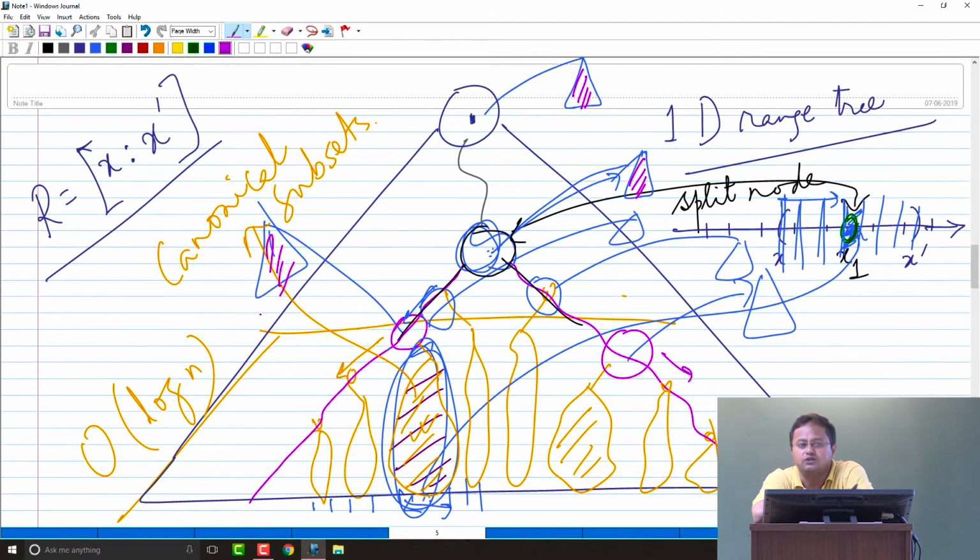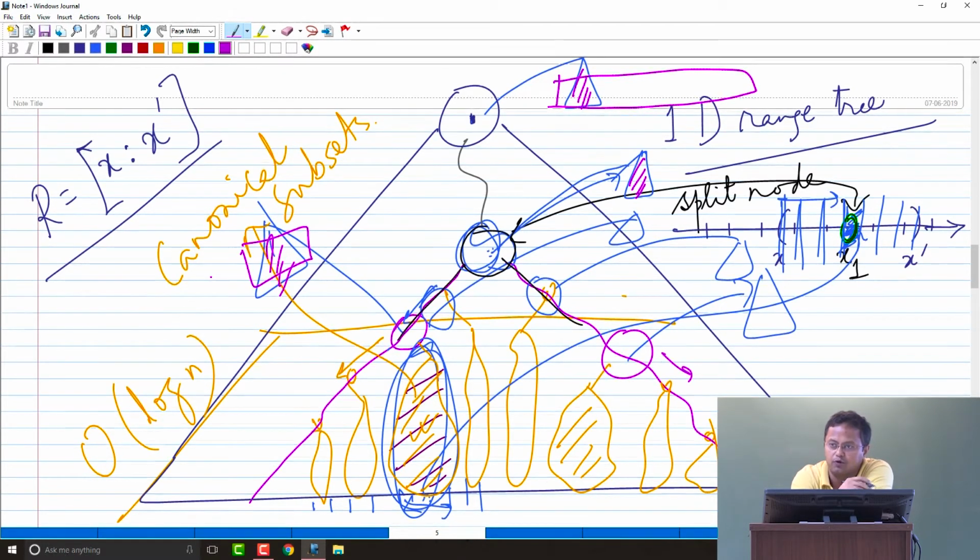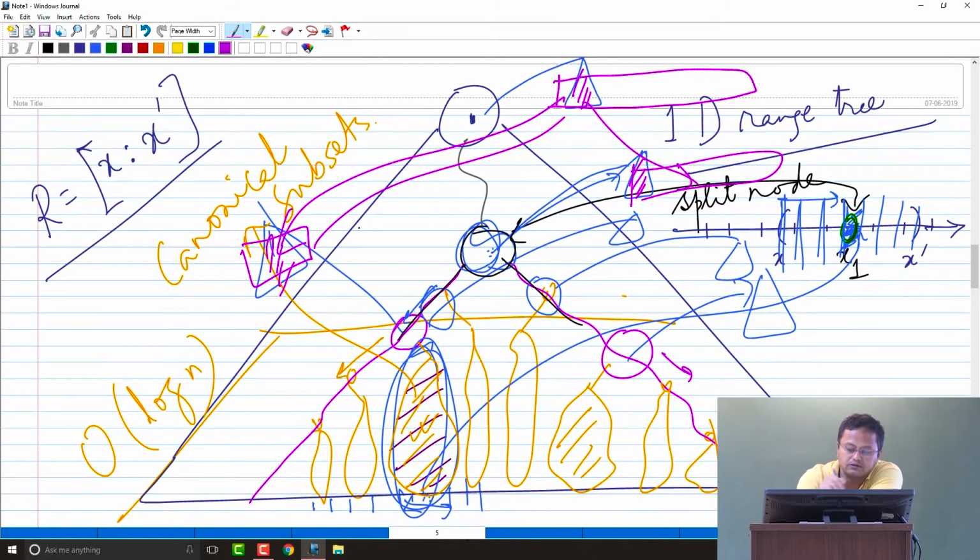So, what you now do is instead of a tree there, keep an array. Earlier it was a balanced binary search tree on the y coordinates, now make it an array sorted on the y coordinates, fine. Here also make it an array sorted on the y coordinates of half of these points, and then you manipulate pointers in that way to both these structures, fine.